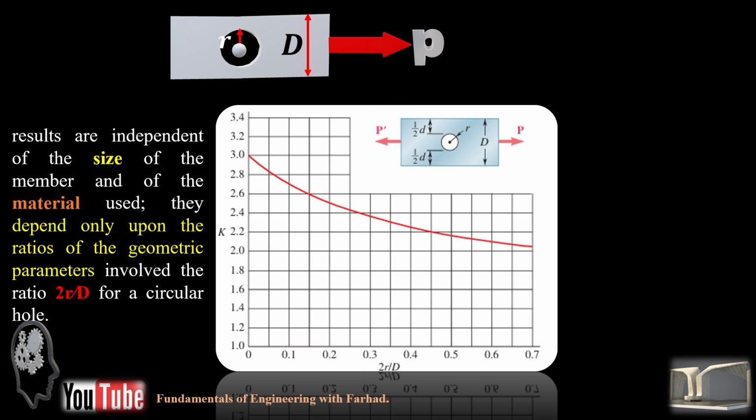So in the circular case, you read the ratio 2r over capital D, move up to the graph, and read k from the vertical axis. That's for flat bars with holes.